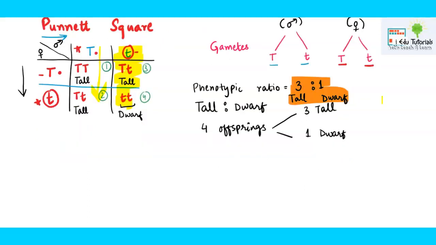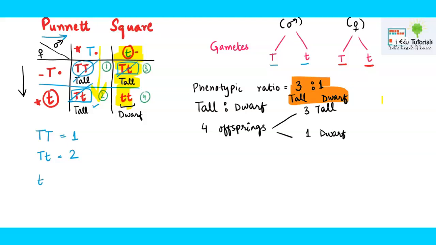Now see here, the first individual which we have received has the genotype of capital T, capital T. How many individuals are with such genotype? Only 1. So we have written it, we will cut it. Now the next individual is capital T, small t. How many individuals are with such genotype? Of course, this is the one and this is the other. So overall, how many are with capital T, small t? 2. Now we have written it, that's why we are cutting it.